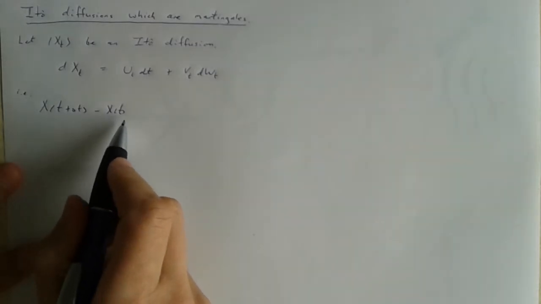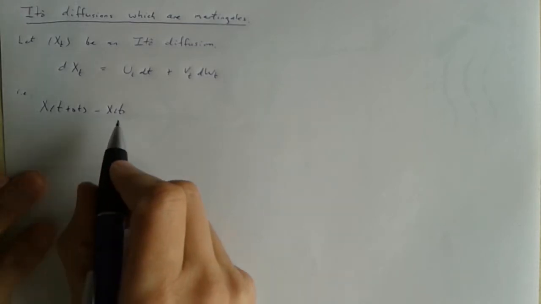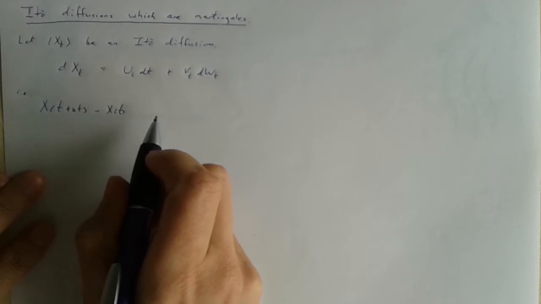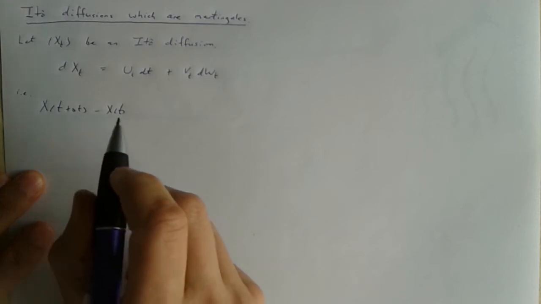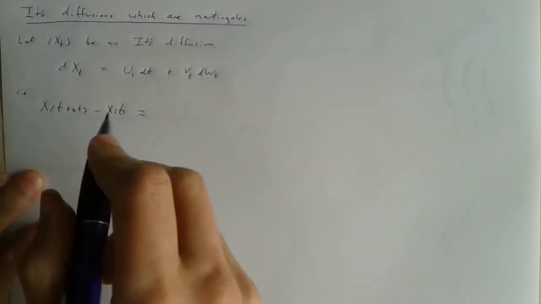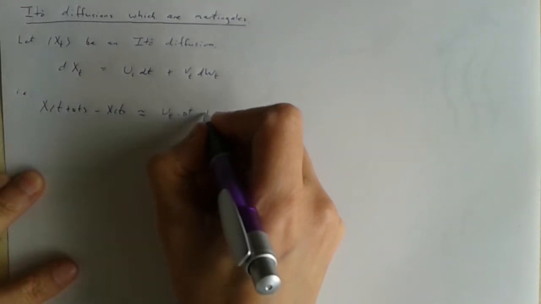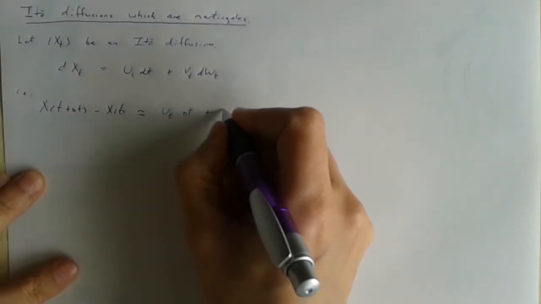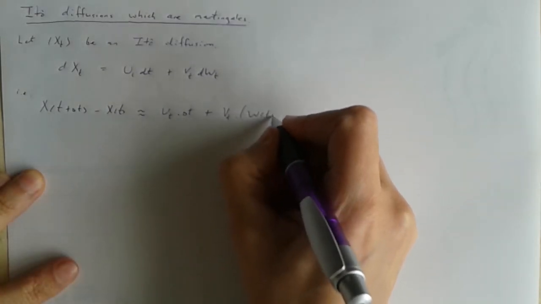So this means that x t plus delta t minus xt, the increment of x from t to t plus delta t, is, now I wrote this before by just writing down that it had an approximate normal distribution, conditional on knowing things up to time t. But I'm going to write it more explicitly now in terms of ut and vt. It is ut delta t, this is what gives it its mean, plus vt times, and this is where the increment of the Brownian motion would come in.